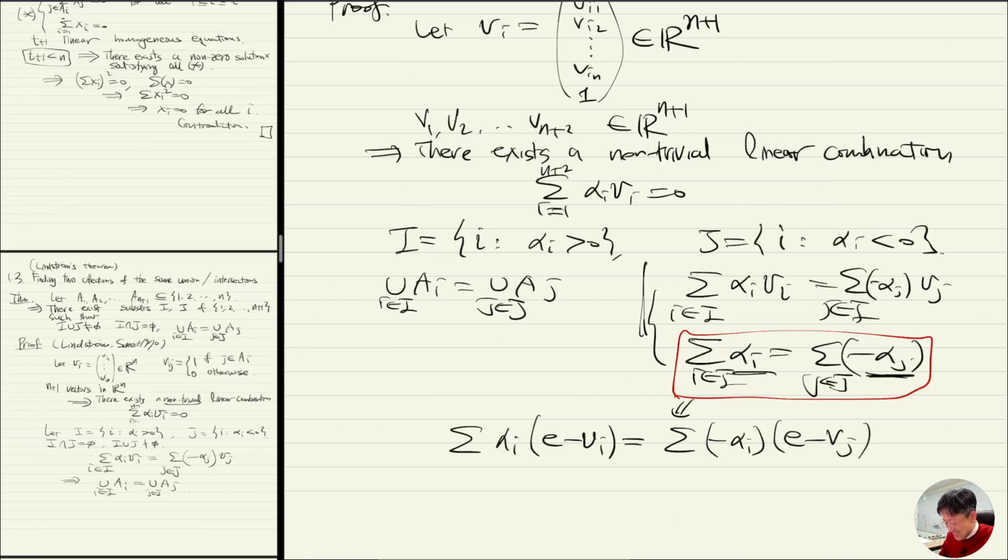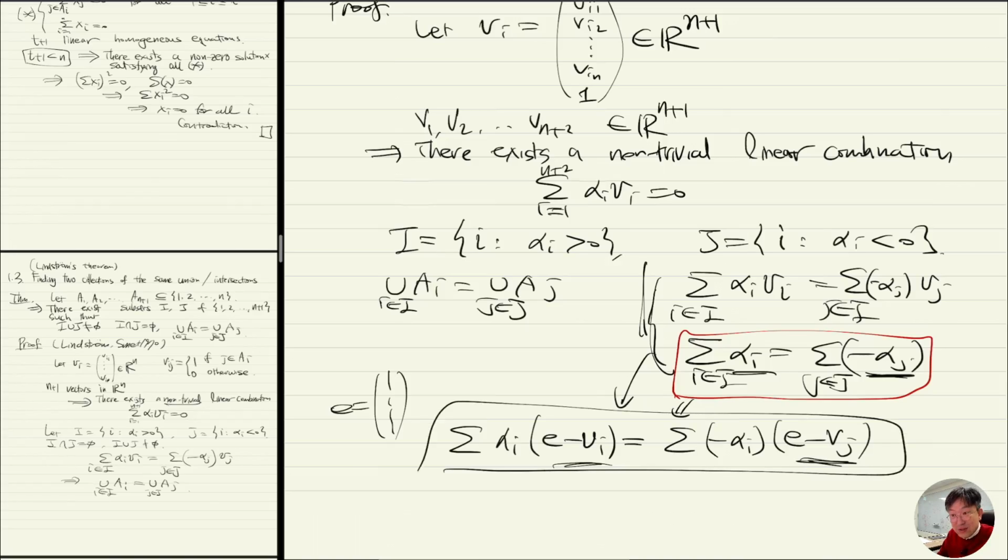So what is that? E is this vector 1, 1, 1, 1, 1. If I subtract that, you're going to have the same equation. So I can combine these two, and I get this. That means these are the complements. Now, how do we make these two equal?